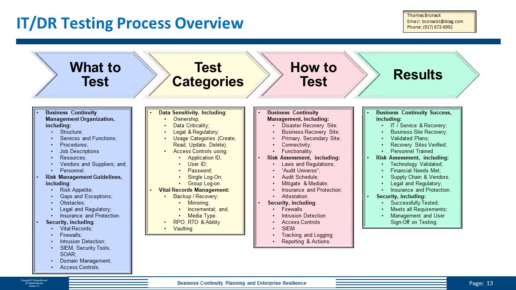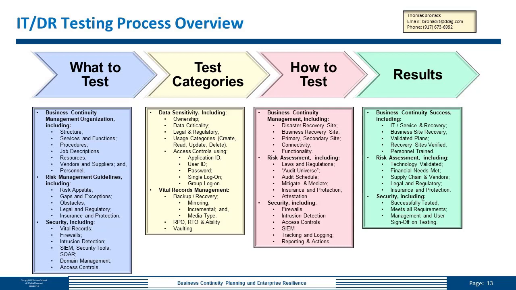They include, for what to test: establishing the business recovery organization structure, defining risk management guidelines, including security testing for data and access controls. For test categories: performing data sensitivity testing and vital records management validation.